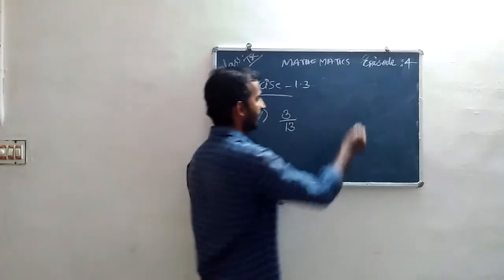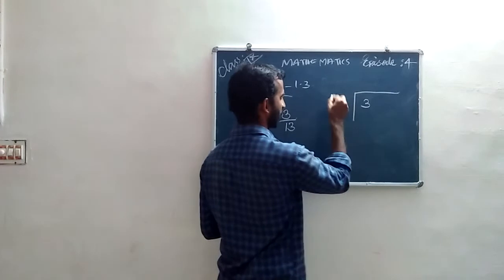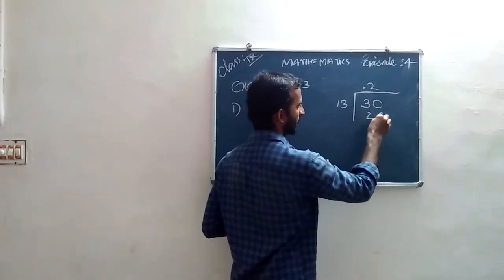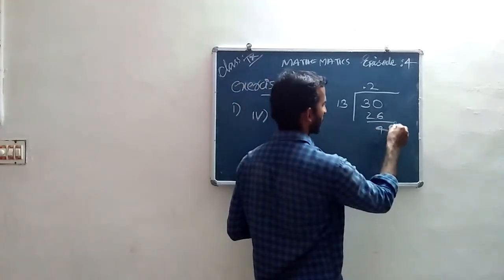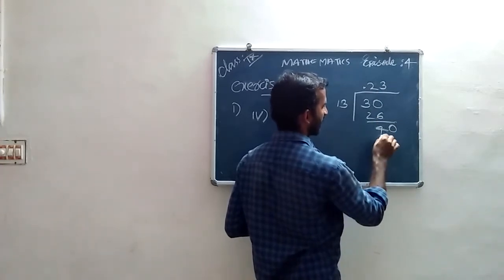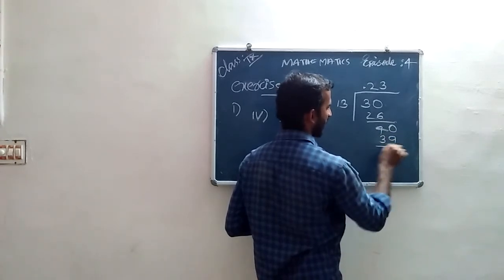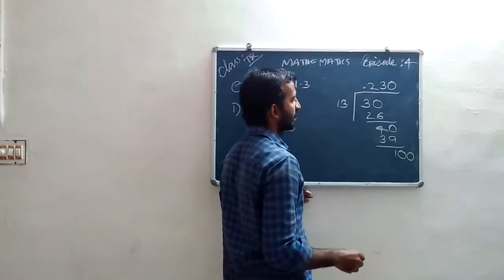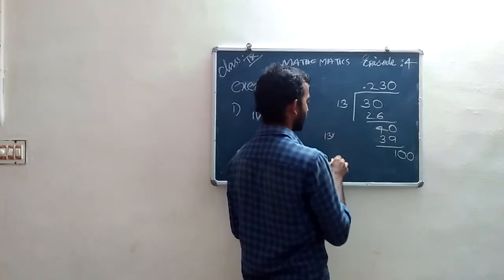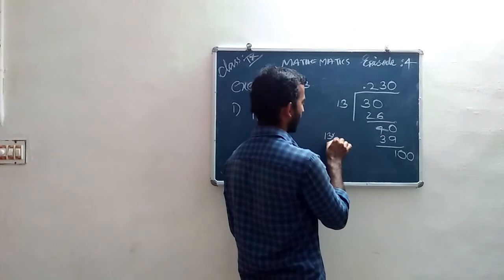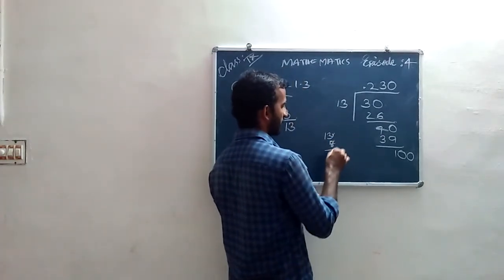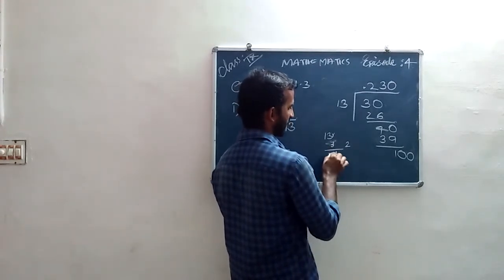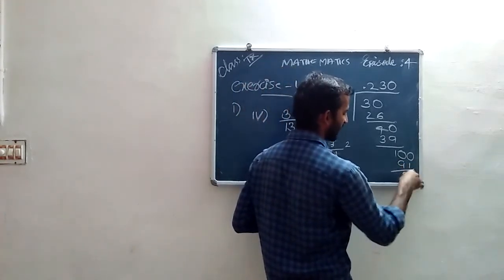3 by 13. When we divide 3 by 13, we put 0, then 30, 13 into 30 is 2, remainder 4. Then 40, 13 into 40 is 3, and so on: 91, we get remainder 9.